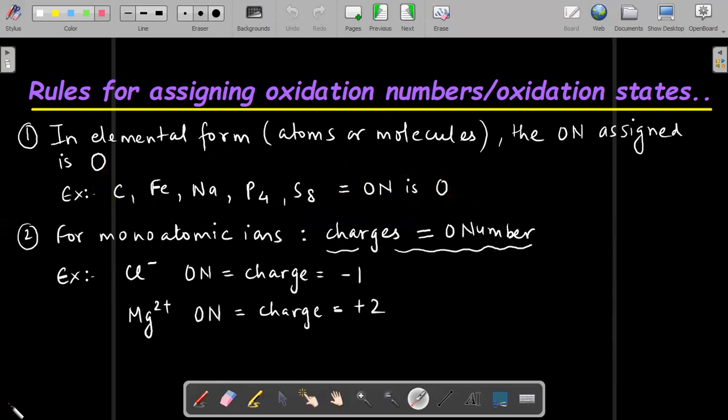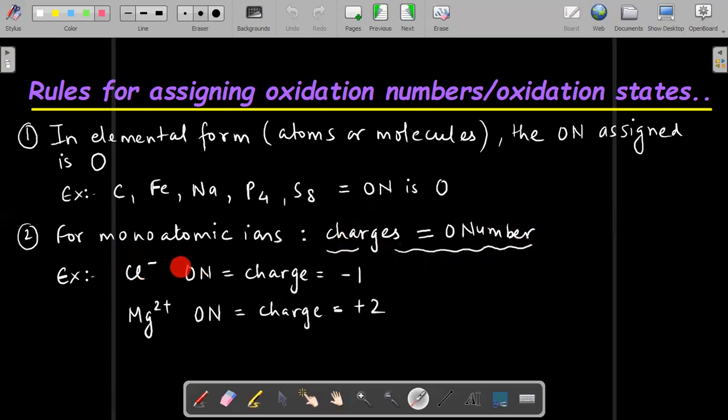Then for your monoatomic ions, means ions consisting of only one atom, like chloride, bromide, iodide, sulfide, magnesium, sodium, Al3 plus, aluminium ion. So their charges and oxidation number are same.